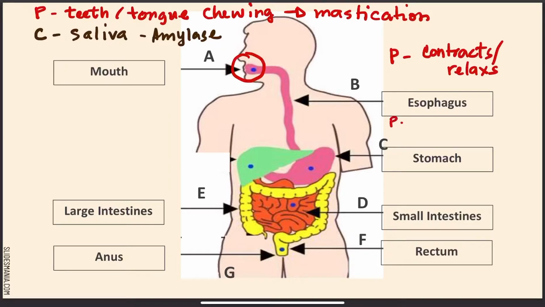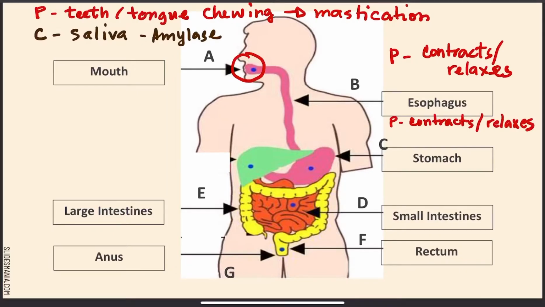One is physical digestion, because the stomach contracts and relaxes in order to move the food around. So it squeezes so the food moves around and is broken down into tinier pieces.